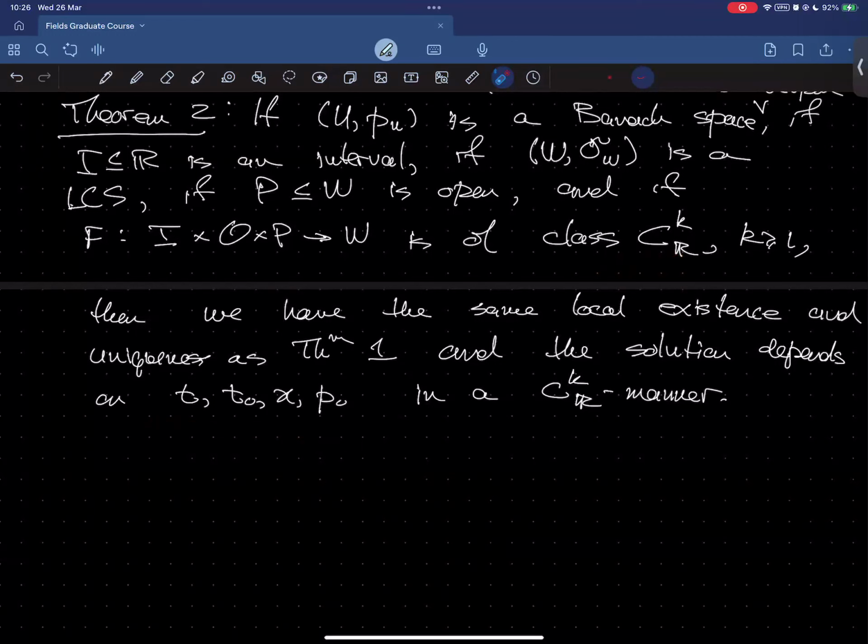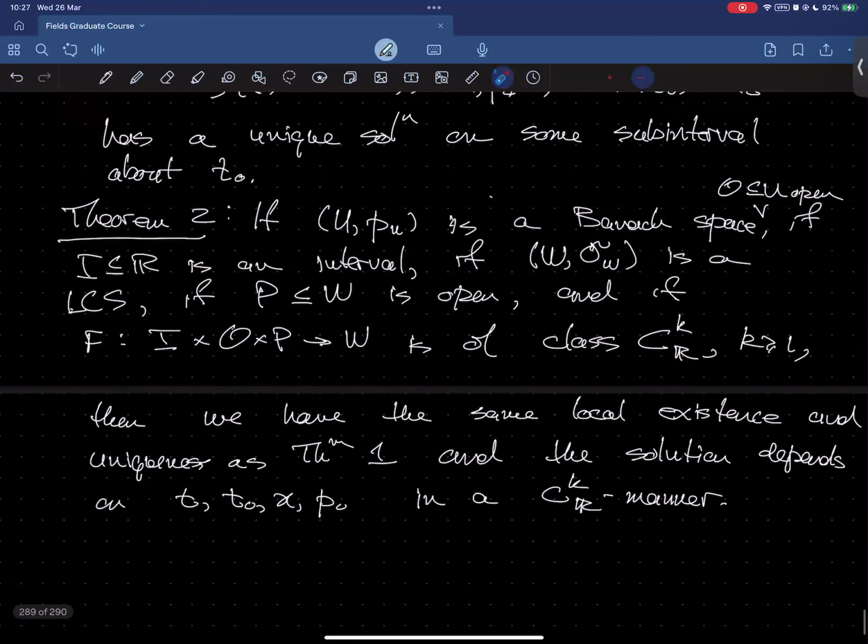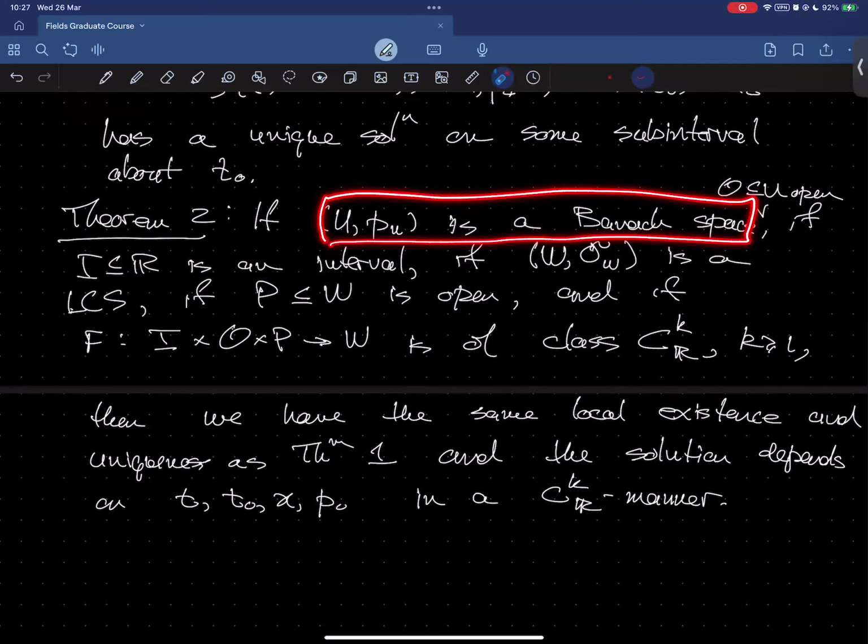Okay, so there's lots of stuff you can say about differential equations, but this, of course, has the very strong hypothesis that the states, the x's for the differential equations, reside in a Banach space.